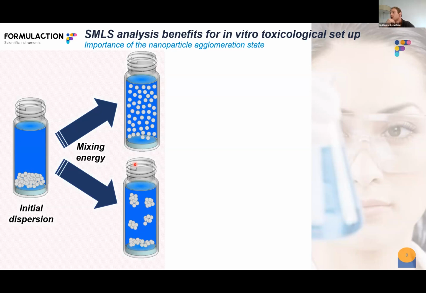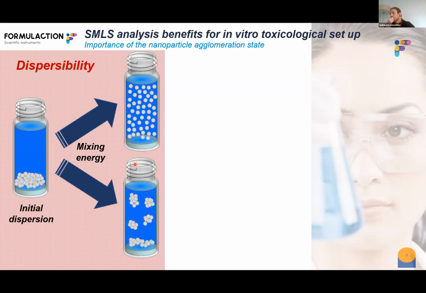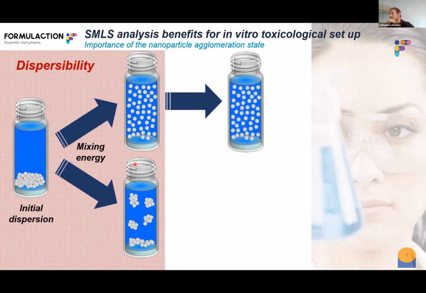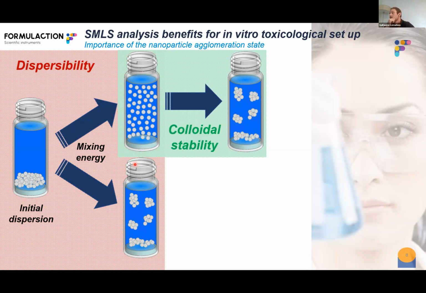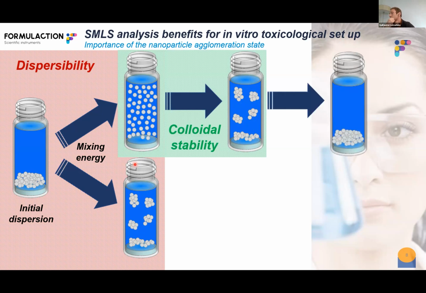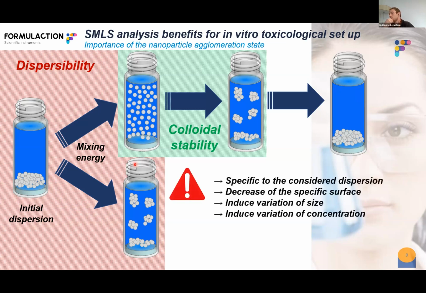And here it is more a notion of dispersibility: how to put in energy to mix the particles, to have the particles well dispersed or not. A second aspect is that the particles can remain stable during time or re-agglomerate after stopping the mixing energy. And here it's more a question of colloidal stability. With agglomeration, we can have rapid sedimentation of the particles in the sample, and that gives some problems.